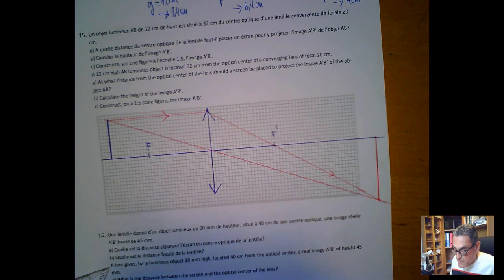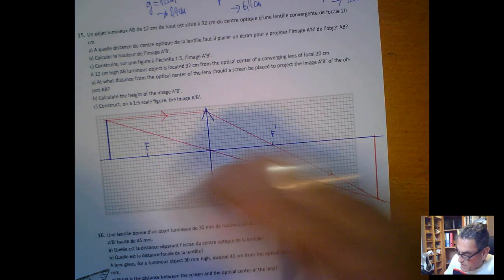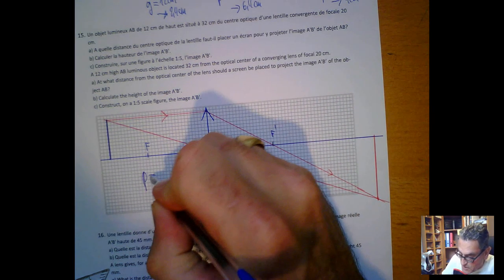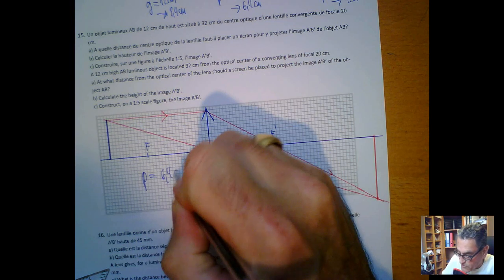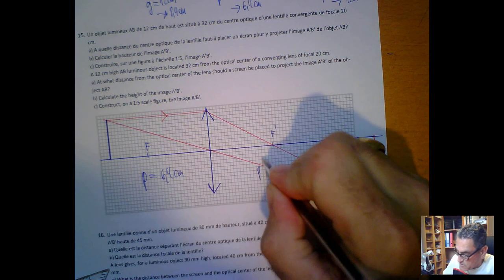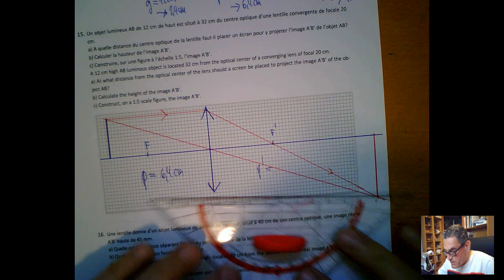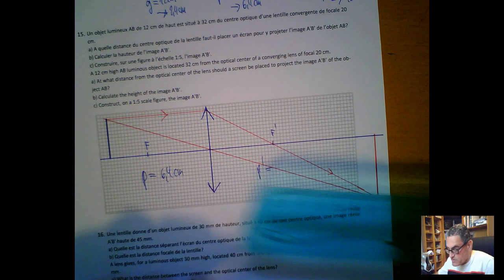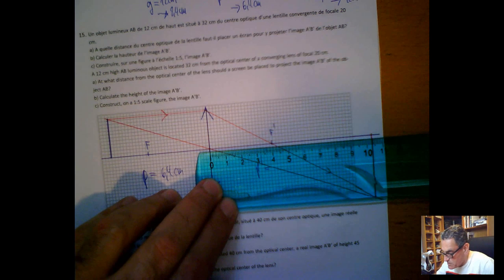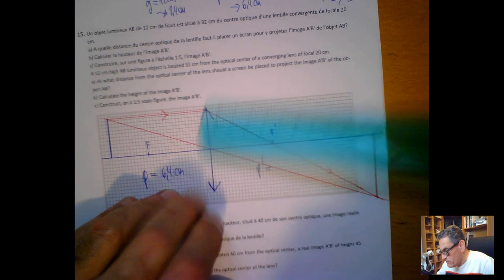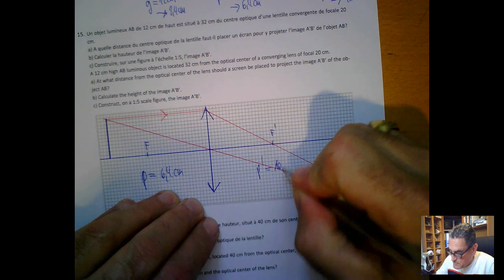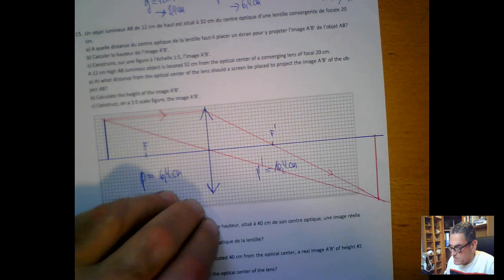Good. So we had here the distance P, which was reduced 6.4 centimeters, and now we can identify P prime, the distance between the optical center and the image, and P prime is 10.4 centimeters.